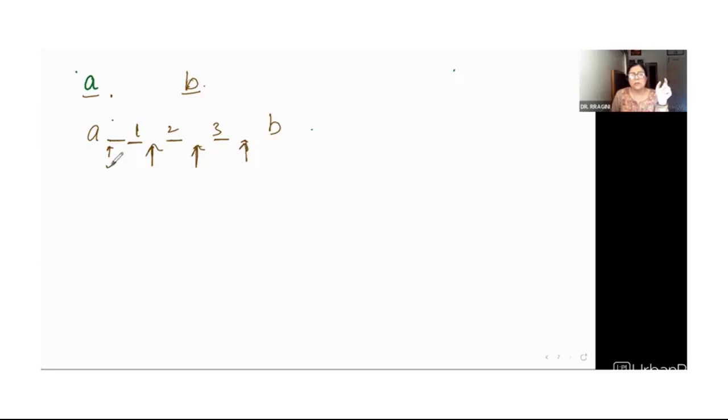That means this gap is basically the common difference between these five consecutive terms. We have to insert three numbers between these two values so that they form an arithmetic progression. That means the gap between these two numbers is D, right?